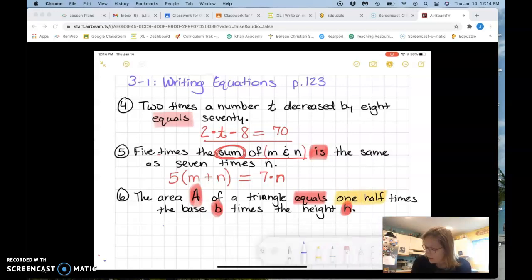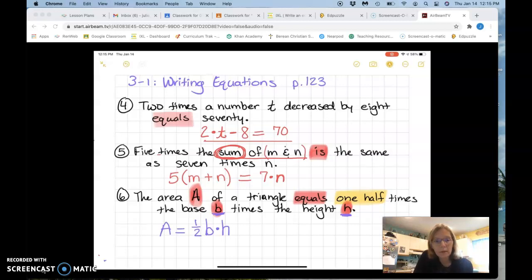So A equals 1/2 of the base times the height. The area of a triangle equals 1/2 times the base times the height. So 1/2 times base times height. That's what I have. So I am good to go.